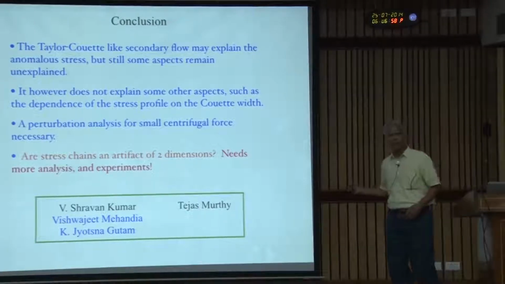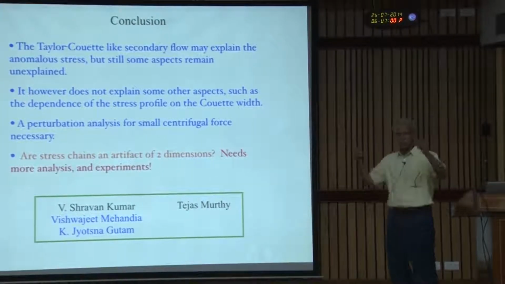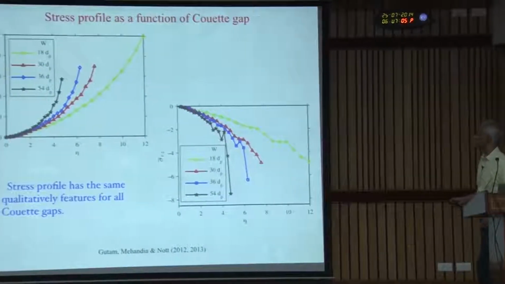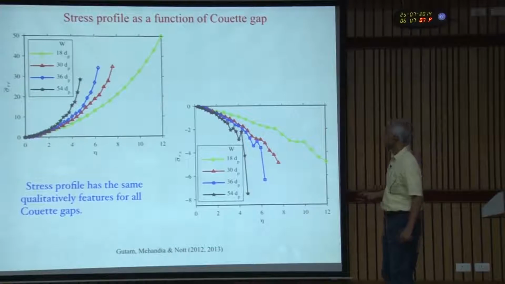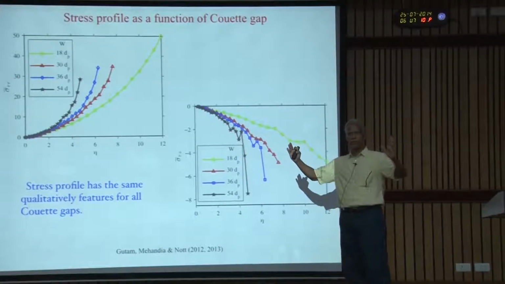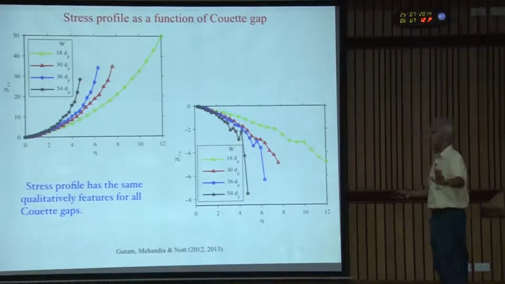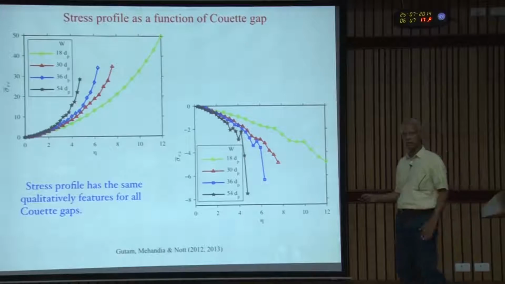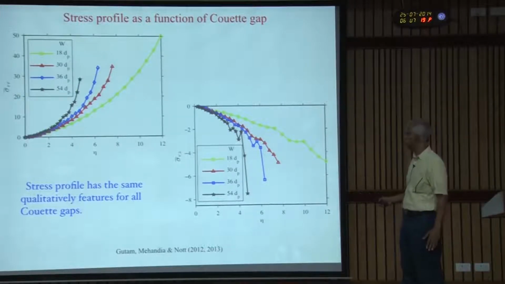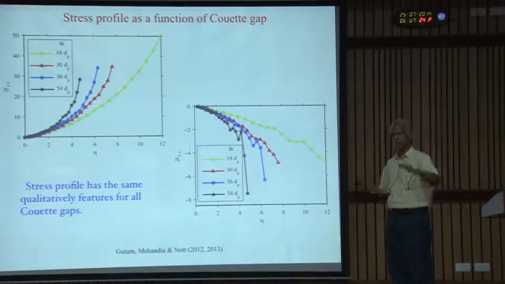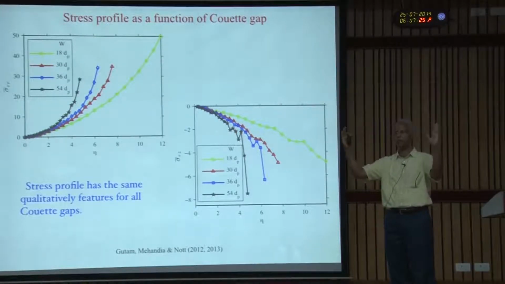But even if that did explain the secondary flow, it doesn't explain this. In our experiments, if we vary the Couette width, classical analysis should tell us that all these curves fall on the same line, because we are scaling the depth by the gap, and the gap is the relevant length scale.